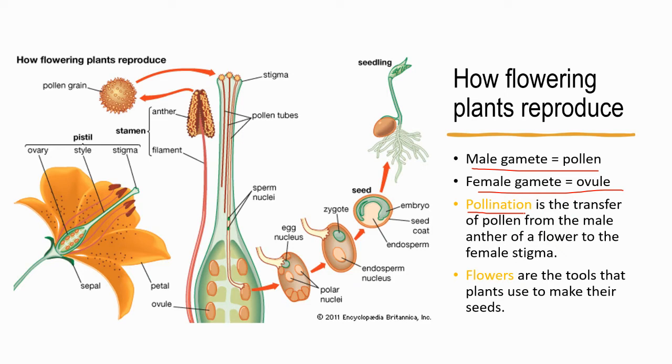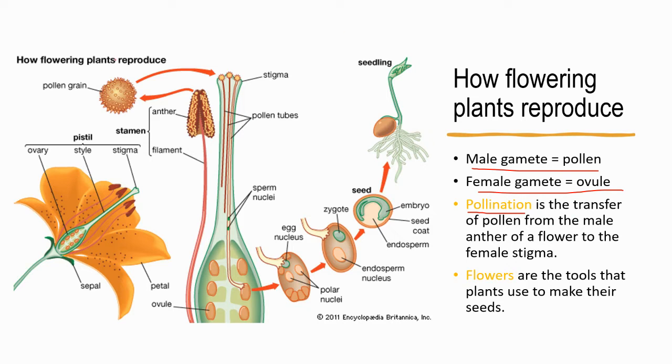Human activity can disrupt the life cycle, and affect the plants and the animals, and can interfere with these systems that have built up over time. So flowers are the tools that plants use to make their seeds.